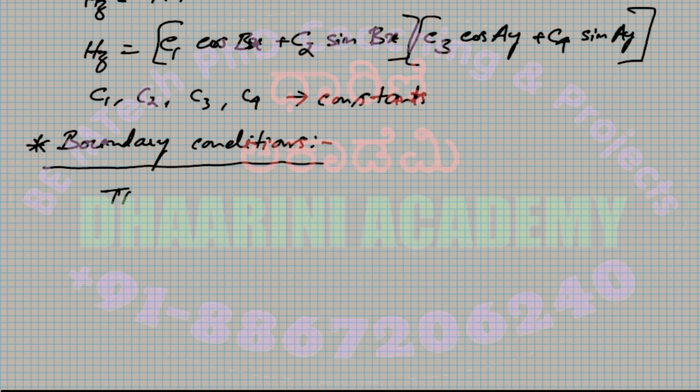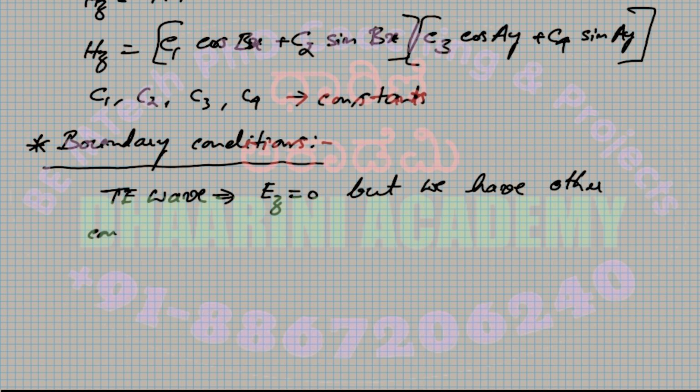TE wave means Ez equal to 0, but we have other components along x and y directions.